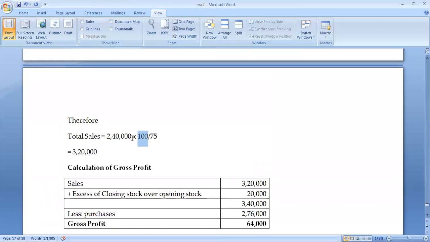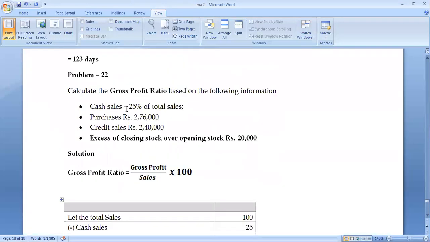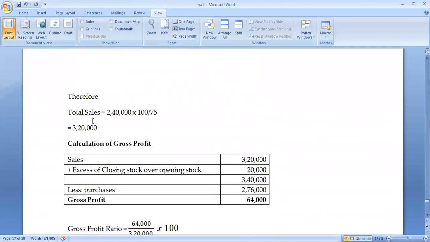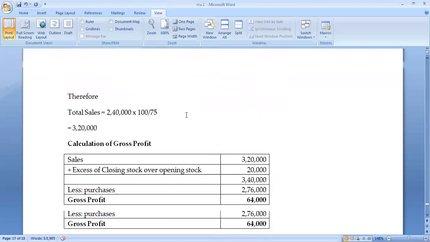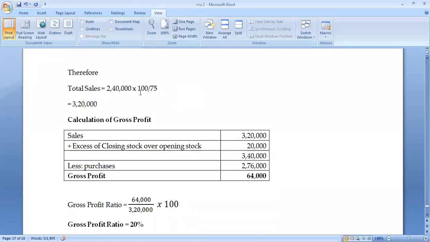So 2,40,000 into 100 divided by what information is given? The credit sales information is given. If 75% is 2,40,000, then make it divided by 75, and you get 3,20,000. Clear? Don't take 25 as the value, because that is for computing the cash sales. So 25% goes for the cash sales. So total sales we need is 3,20,000.